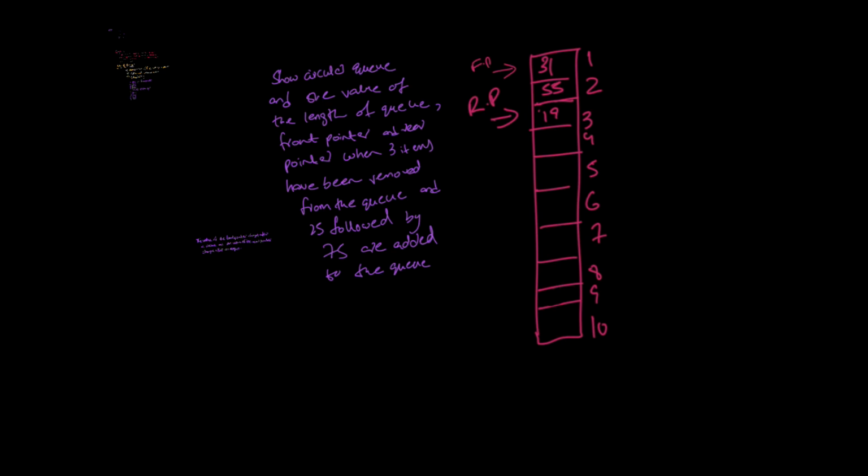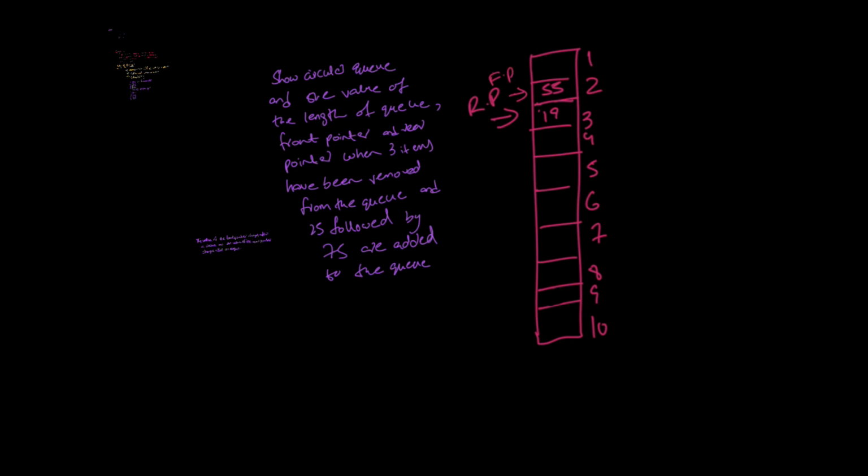Now we have to remove another item, so we remove this 31, and finally our front pointer will be pointing to 55. So here is the final position of our front pointer.